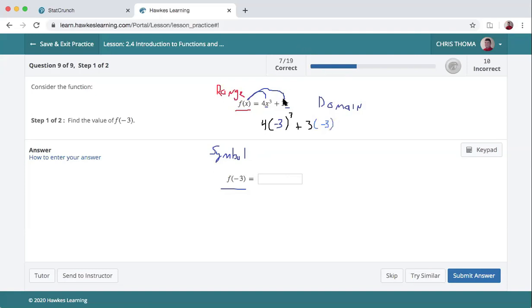So now do some math here, and we've been practicing this, so we should be okay, right? You can use a calculator. And so we got -3 cubed is -27. So -27 times 4, I'm using a calculator, is -108. So I get -108 plus 3 times -3 is a -9. Two negatives, when you add them, stay negative.